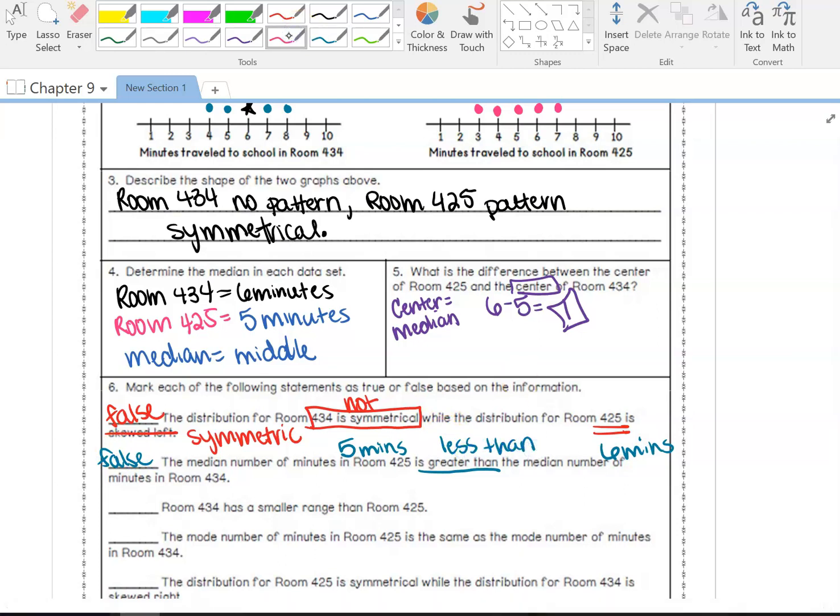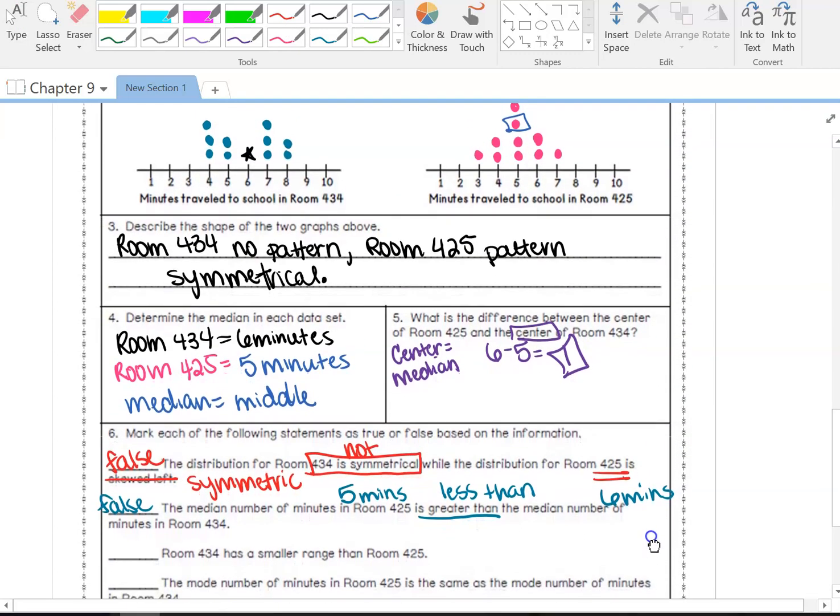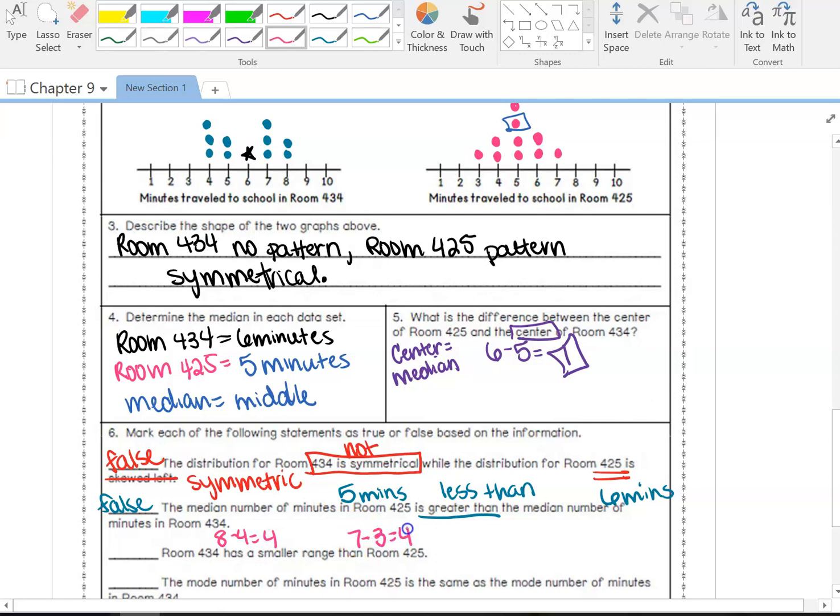Okay, excellent. So room 434 has a smaller range than room 425. So 434's range is 8 minus 4, which is 4, and 425 is 7 minus 3, which is also 4. So this is false because these are actually equal.